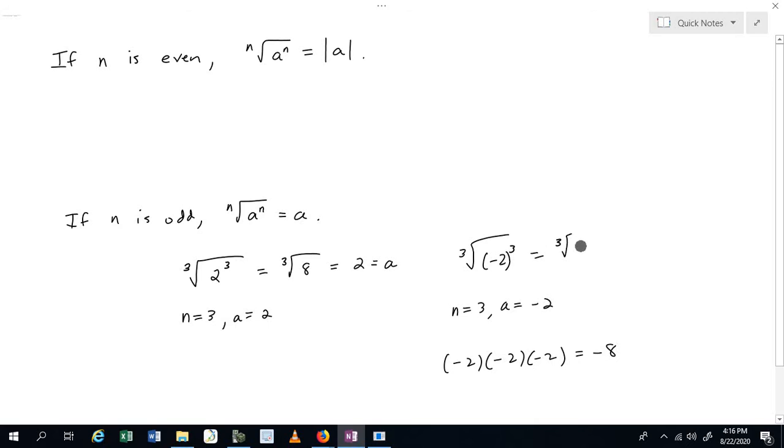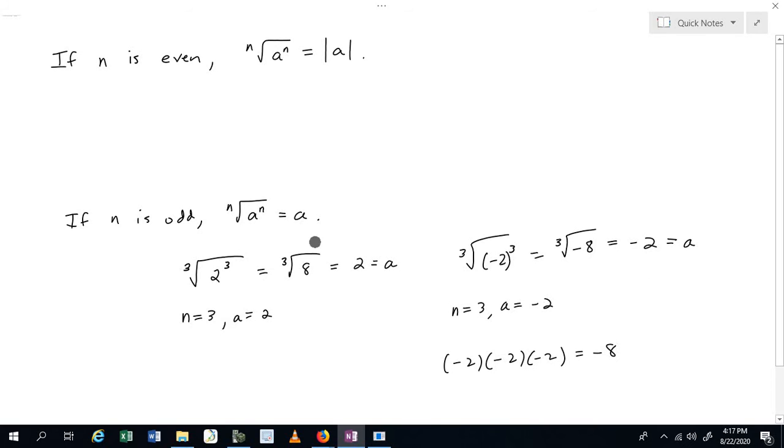So you're taking the cube root of negative 8 in this case. But the cube root of negative 8 is obviously negative 2. So you get a back when I take the cube root of negative 2 cubed. A is negative 2 here, and that's exactly what I got here.